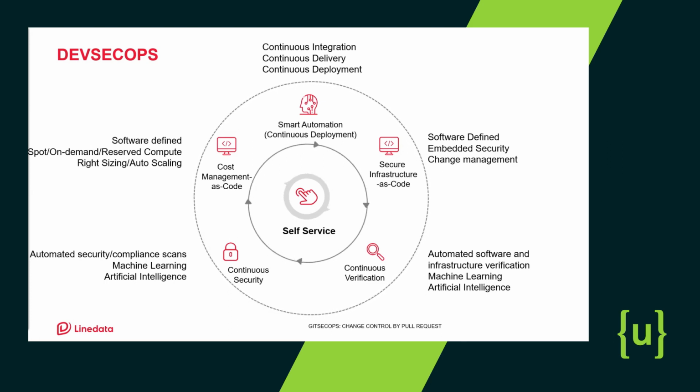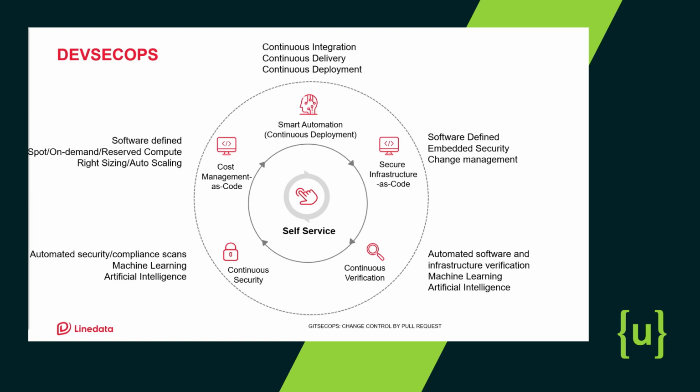Now, DevOps itself has gone through many iterations since inception. More recently, DevSecOps has emerged. And essentially, what this means is embedding security into the delivery pipeline, both for software and infrastructure. The cornerstone of DevOps is obviously continuous delivery and the ability to quickly roll out new features.